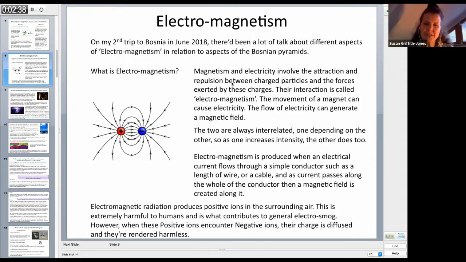Magnetism and electricity involve the attraction and repulsion between charged particles and the forces exerted by these charges. Their interaction is called electromagnetism. The movement of a magnet can cause electricity, and the flow of electricity can generate a magnetic field. So the two are always interrelated. One depends on the other, so as one increases in intensity, the other does too.